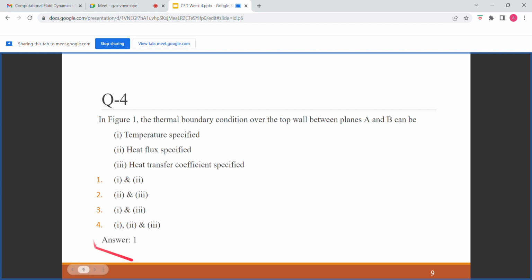The correct answer is option 1, where it can be temperature specified, or heat flux specified, or both, but not heat transfer coefficient specified. That is what we should understand from the energy balance equations. I hope this is clear. If there is any doubt, please let me know.